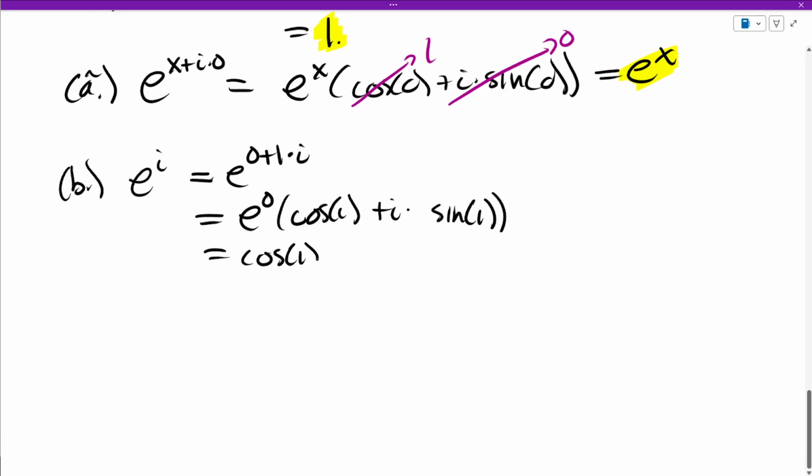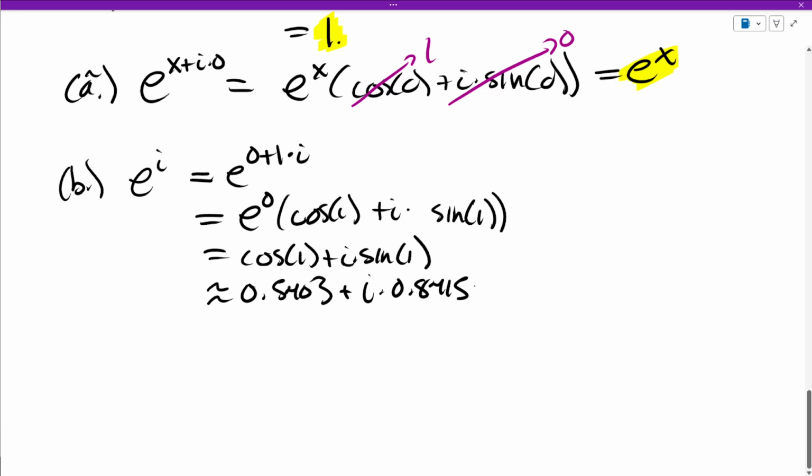In particular, I'm fairly certain that both of these are even transcendental numbers, so they're kind of worse than irrational. But you can take as an approximate value for them 0.543 and 0.8415, approximately. So nevertheless, we have an approximation for e to the i, or we have this non-approximate value that still involves cosines and sines.